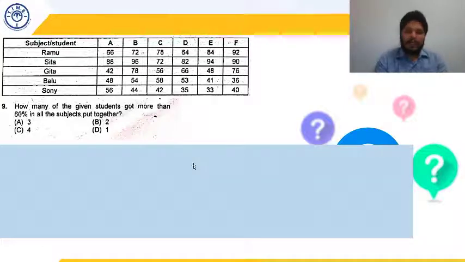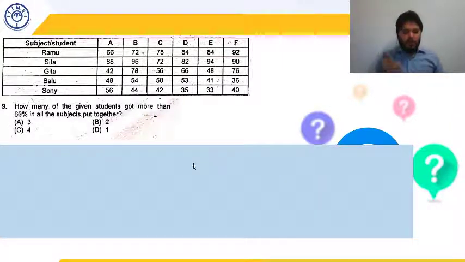Okay, let me just read it once again for you. How many of the given students got more than 60% marks in all the subjects put together?